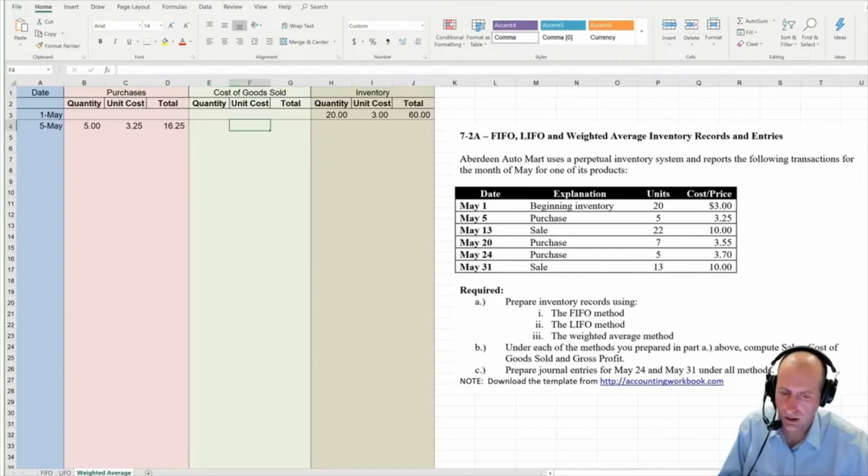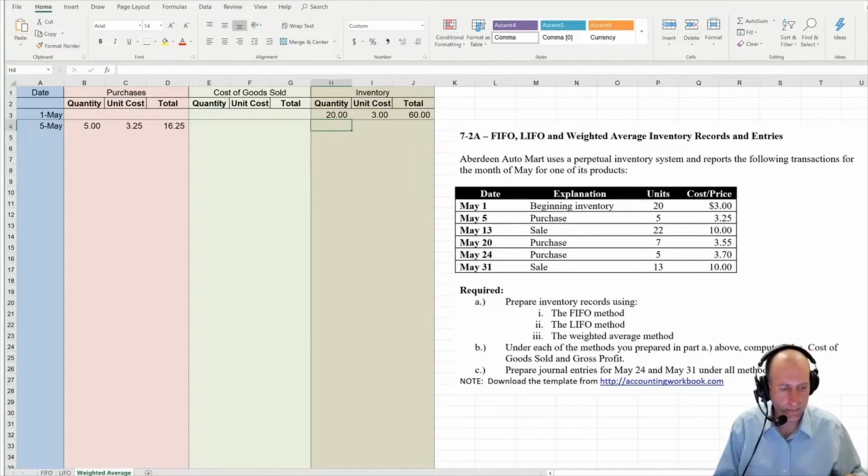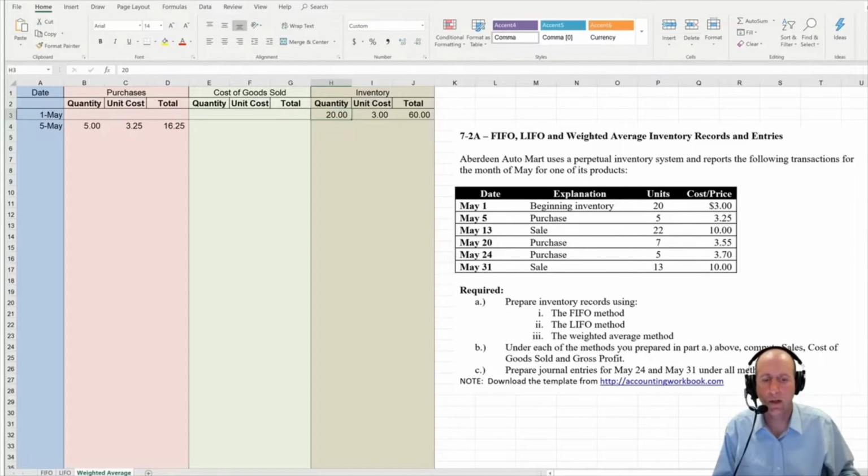I have no cost of goods sold. My running total for inventory, I have to say to myself, okay, I had $60 of inventory. Do I still have it? The answer to that is yes, I still do. So I just bring it down. I'm adding to it 5 units at $3.25 for $16.25.